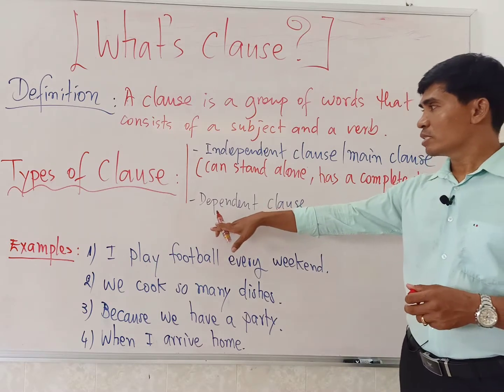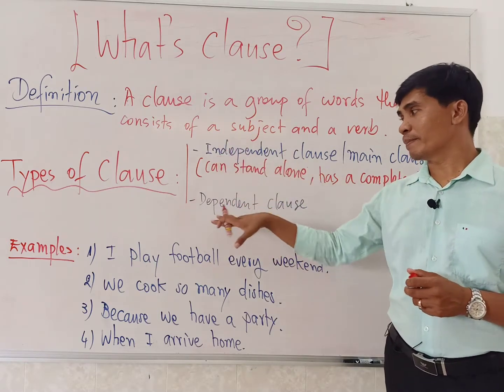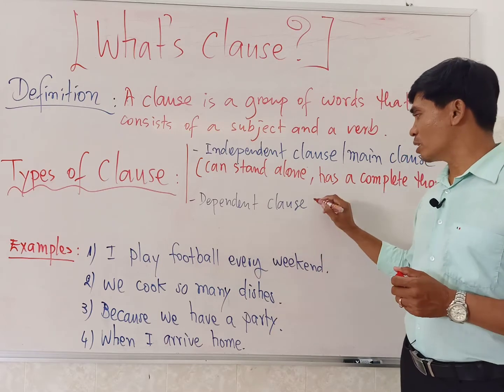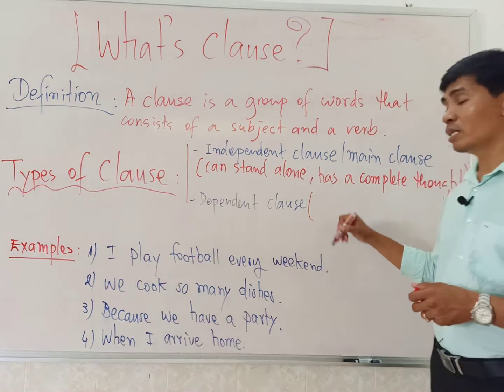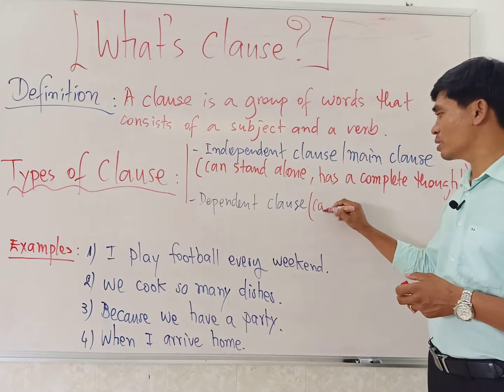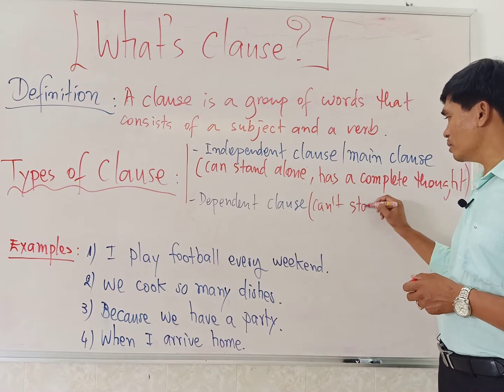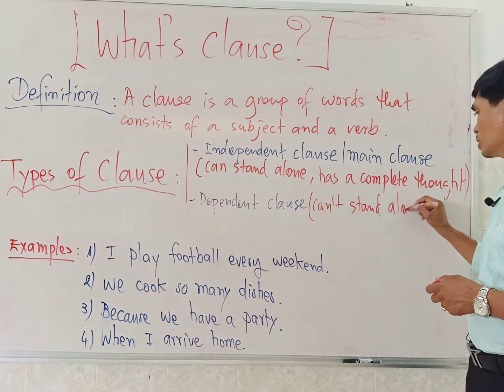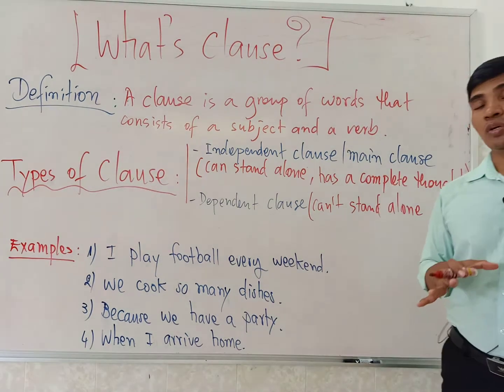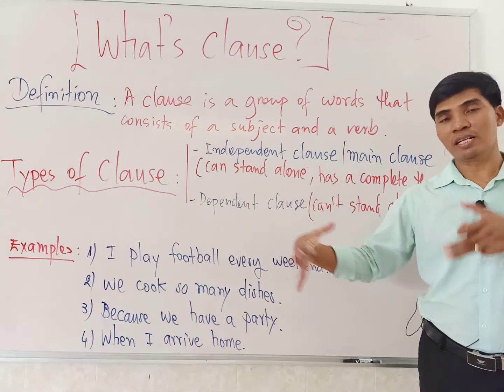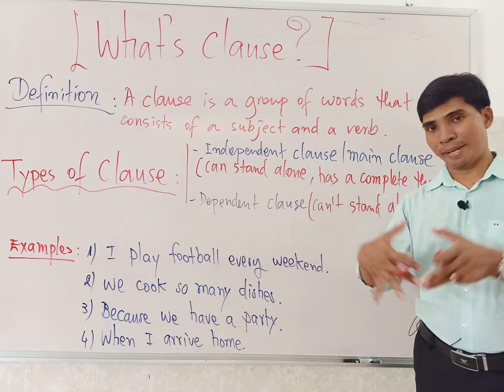So what is the difference between an independent clause and a dependent clause? A dependent clause is a sentence that can't stand alone. When you say it can't stand alone, it means that kind of sentence needs another sentence to make sense.